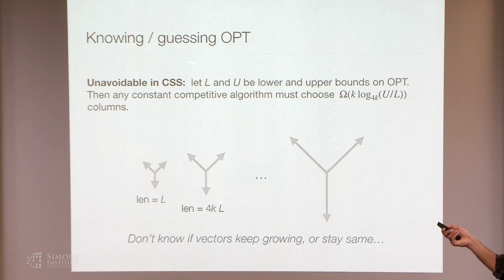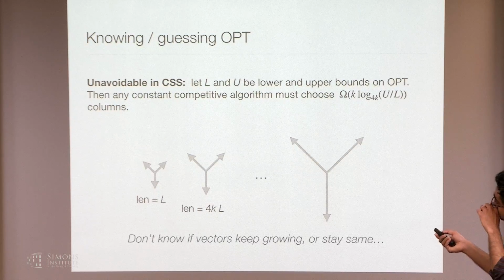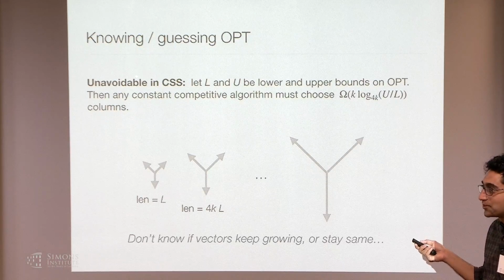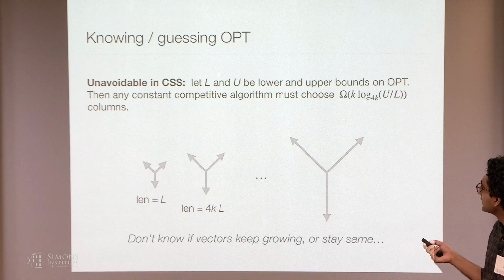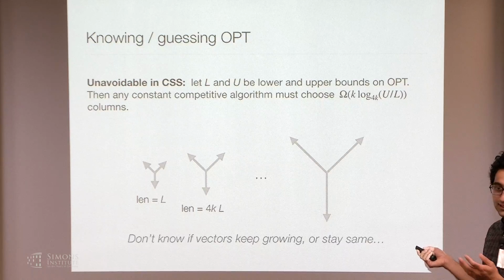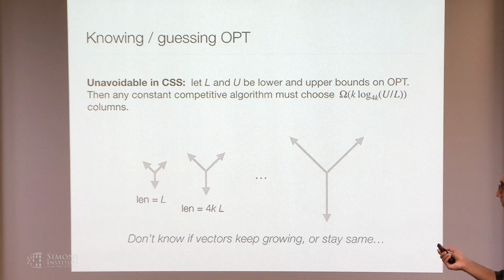So one thing I want to comment about is the importance of knowing or guessing the optimum. Maybe this is the kind of example you had in mind. For problems like column selection, if you have some lower bound L and some upper bound U, any constant competitive algorithm must pick at least some log of U by L columns.